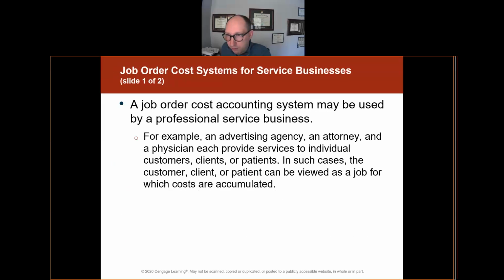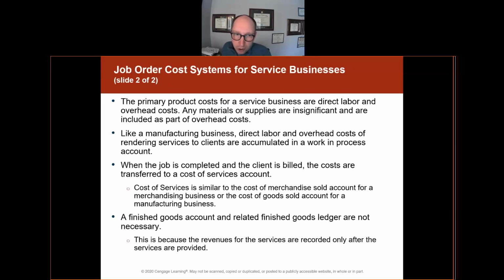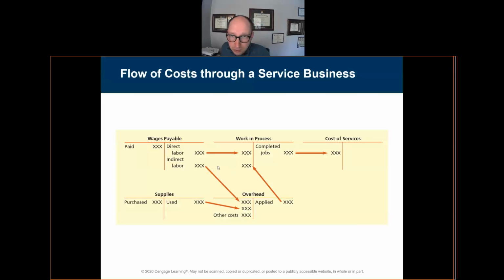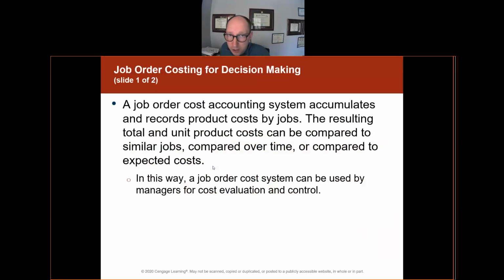So an example for a dentist would be the dentist labor and the supplies that the dentist uses. Those would all go onto the job order cost sheet for each respective patient. So this tells you how that's used in a service business. And again, in this course, we're not too worried about service businesses. We're more focused on manufacturing.